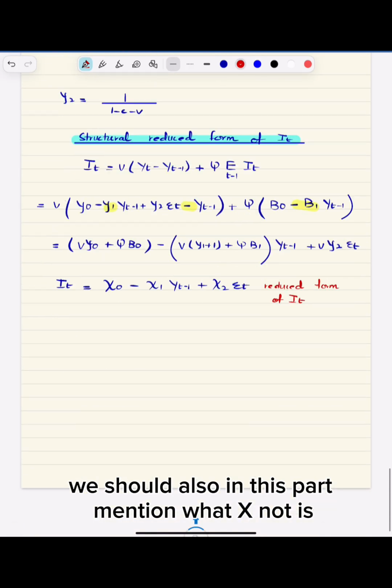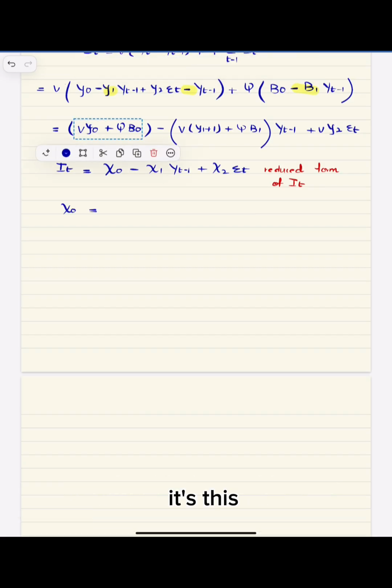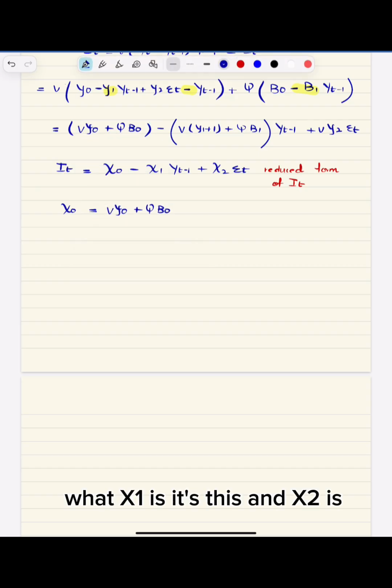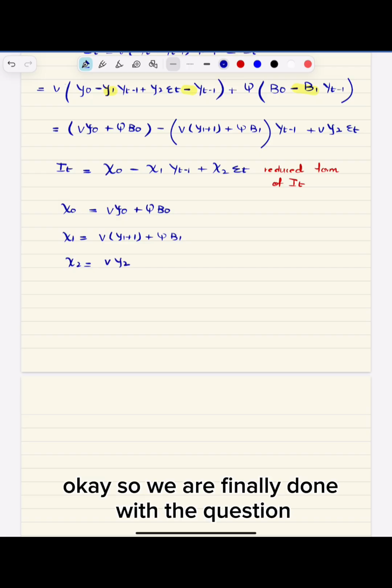We should also in this part mention what x naught is. It's this. What x1 is, it's this, and x2 is just v gamma naught. Okay, so we are finally done with the question.